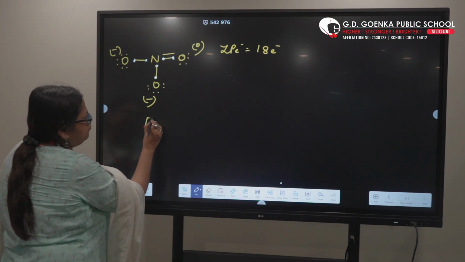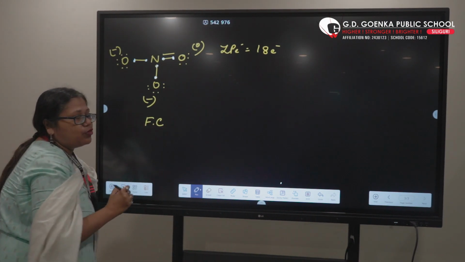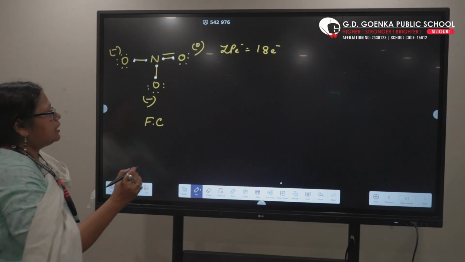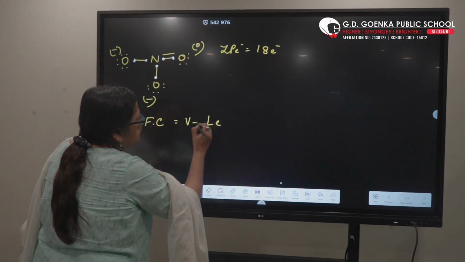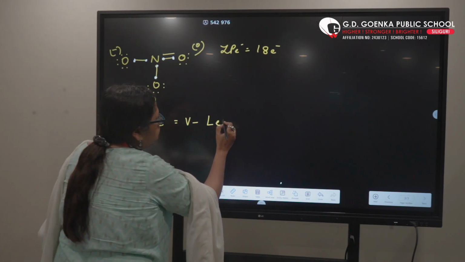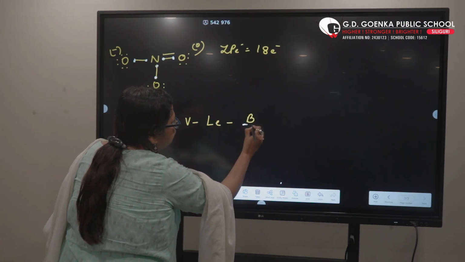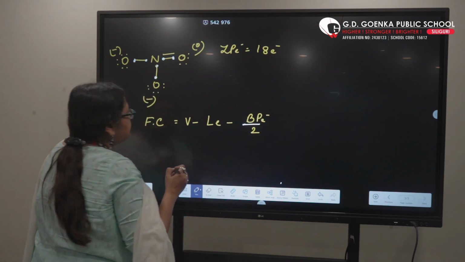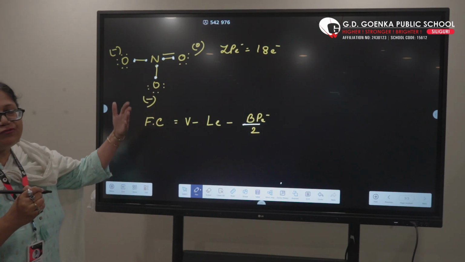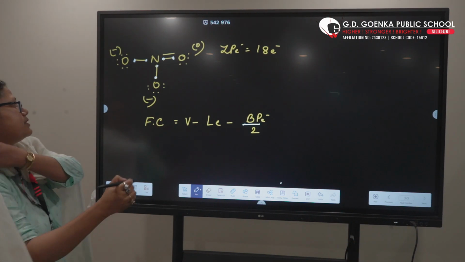So let's verify it by applying the formula of formal charge once again. What was the formula? We keep on writing the formula: valence shell electrons minus lone pair of electrons minus bond pair of electrons by 2, right? As we keep on writing the formula, we get more familiar with it and we do not make mistakes.